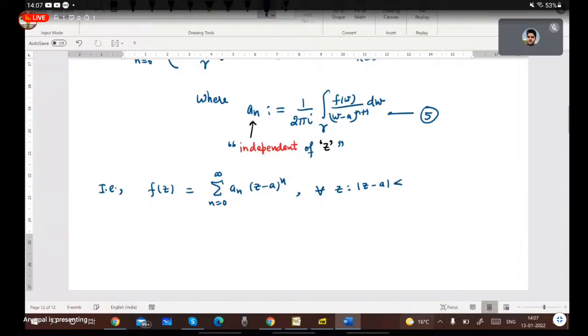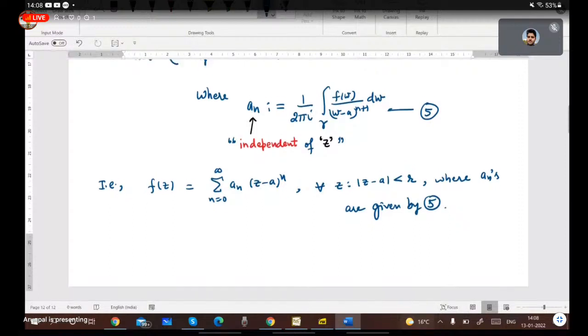Take a note. And f(z) is equal to this, where the coefficients a_n are given by 5. So we have been able to do at least this much.